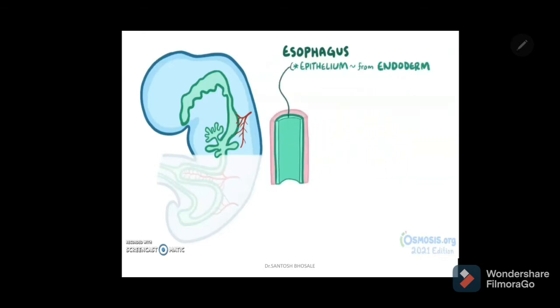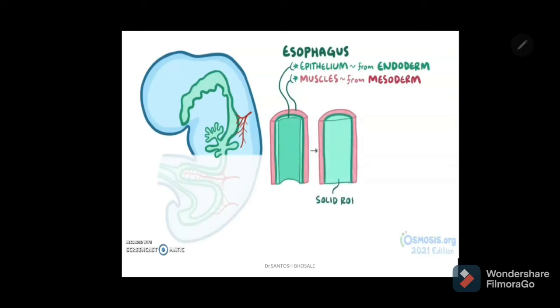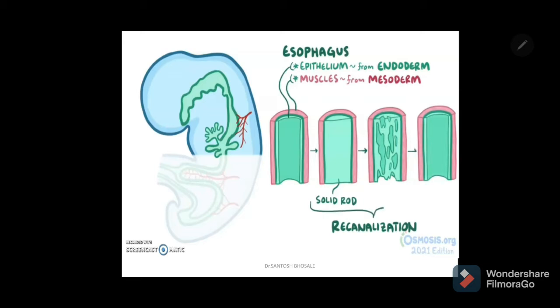The epithelium of the esophagus is derived from the endoderm. Muscles are from the mesoderm. Nerve supply is by the neural crest cells. So it undergoes occlusion by the epithelial cells. Then vacuoles appear there, involved in the recanalization.